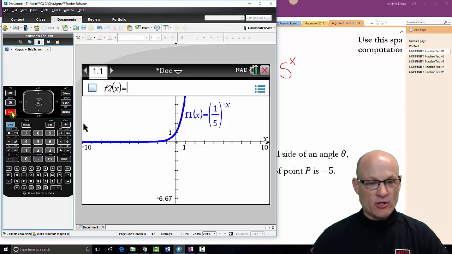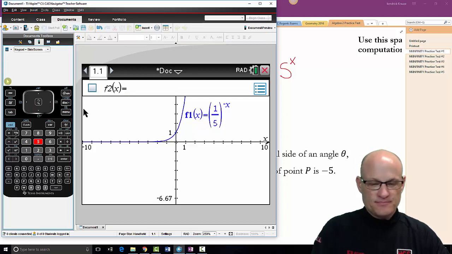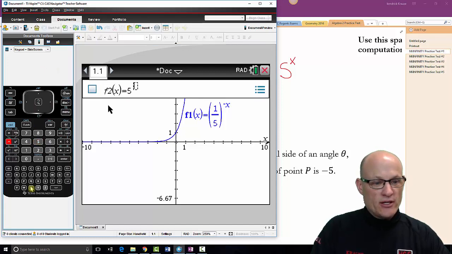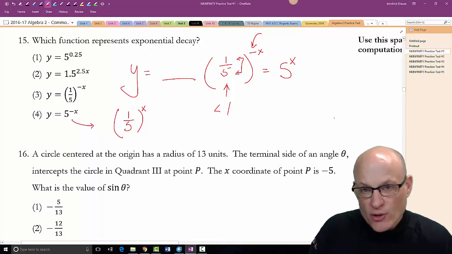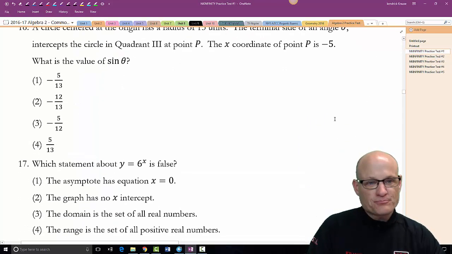But if I do the second one, which I'm going to do in red here, that's 5 raised to the negative x. And you'll see the red one is going to be an exponential decay question. So like I said, the easiest way to do those is to graph them and see which one comes down, but you should know what's going on.